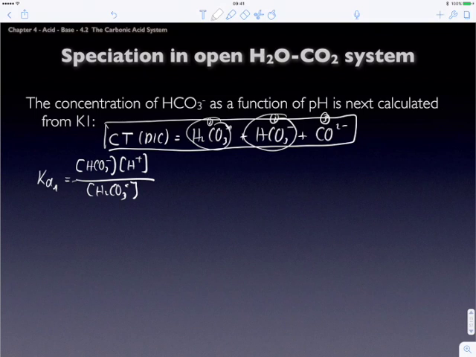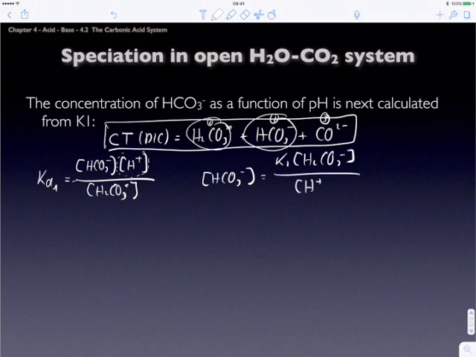For the first time, you will have your pH, your H plus concentration, entering into action here. You can rewrite that as a function, because we want this concentration here, K1 times H2CO3 divided by the concentration of H plus.